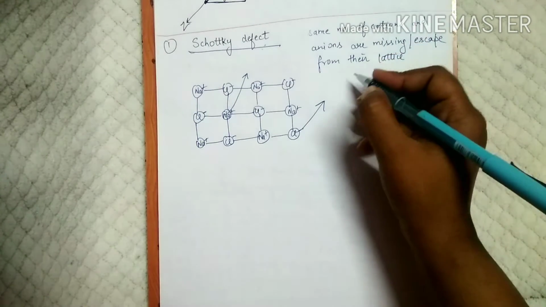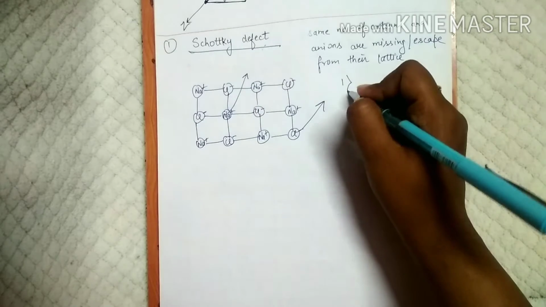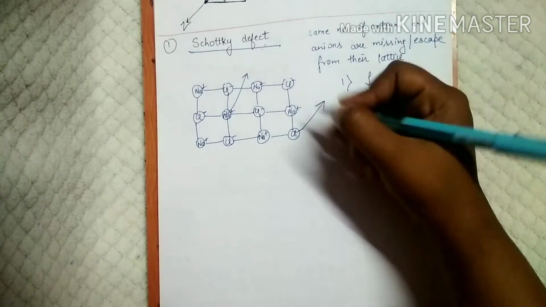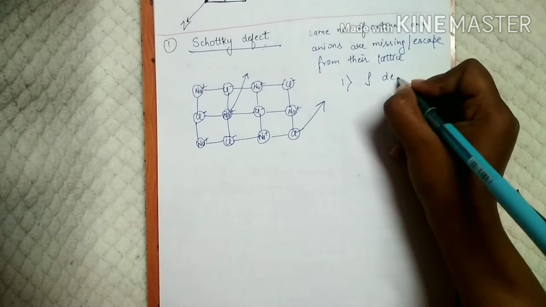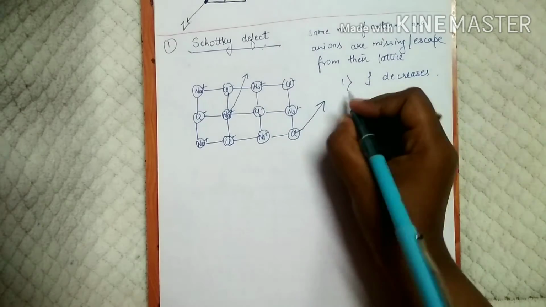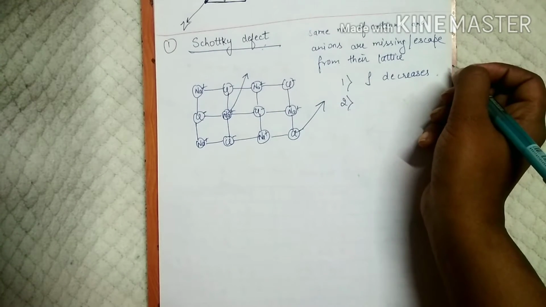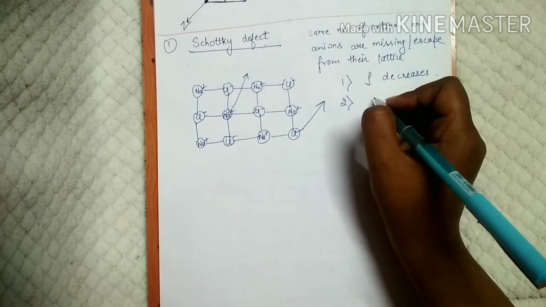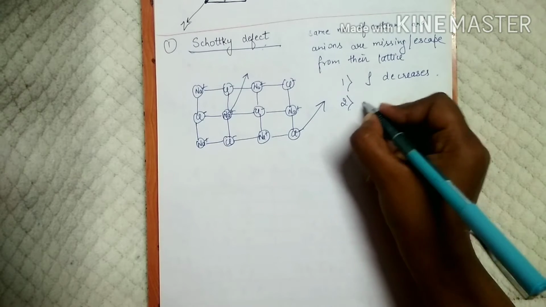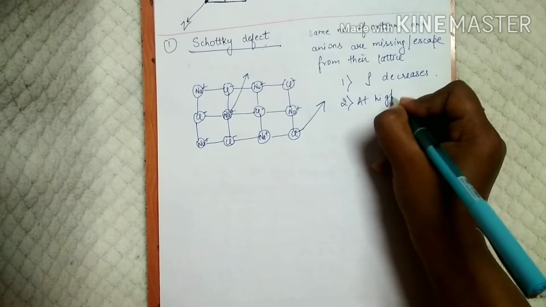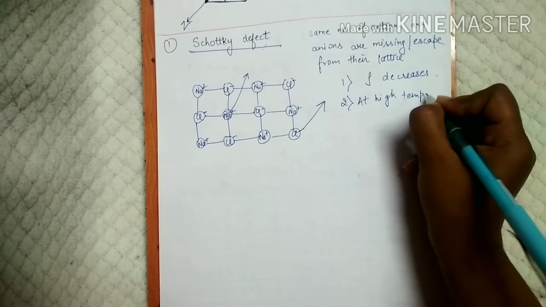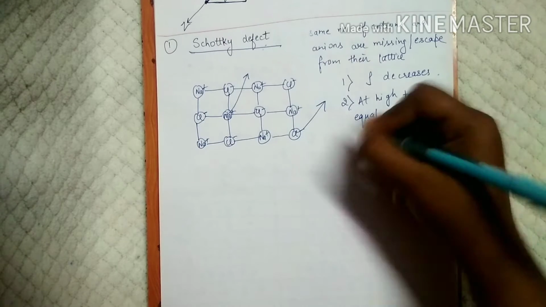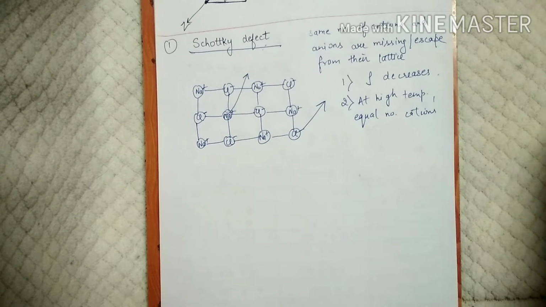So what are the characteristics of these defects? Because cations and anions are escaping, the density of this crystal is definitely going to decrease. Equal numbers of cations and anions will be missing at high temperature.